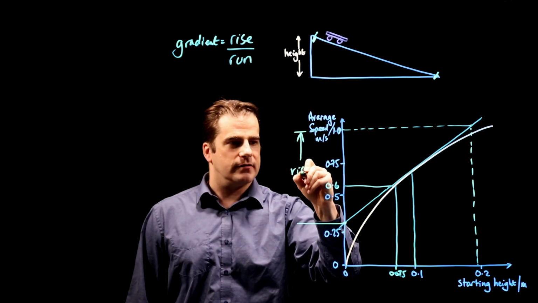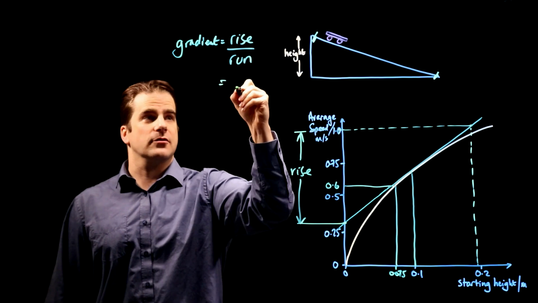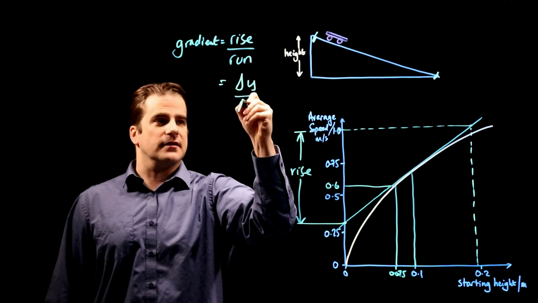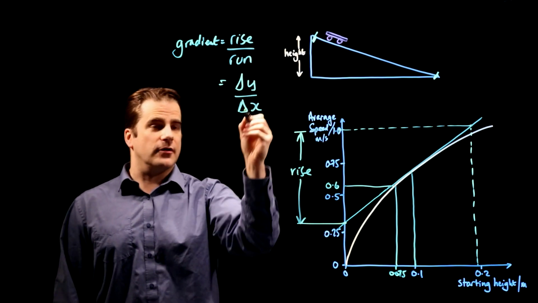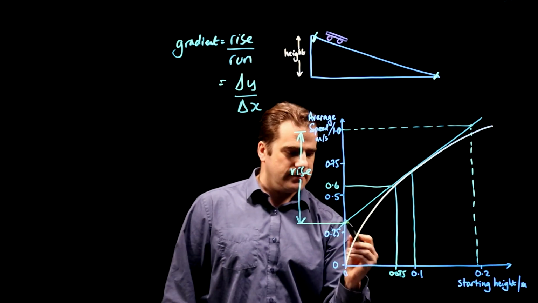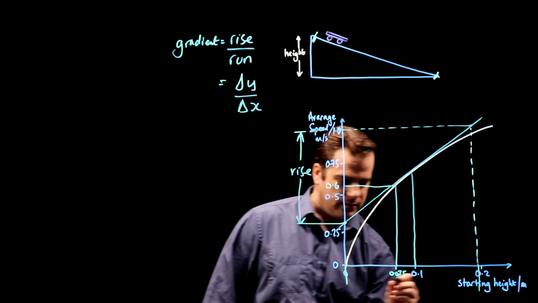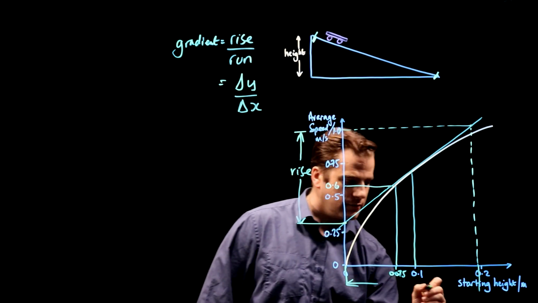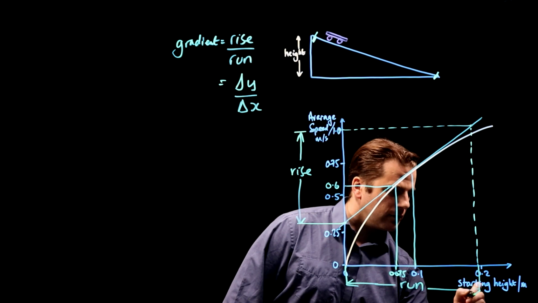So that's the rise, or delta y if you like. You can draw it delta y over delta x. Same thing. Rise is change in y value over corresponding change in x value. So the run, or delta x, is from here to here. Run. Okay?